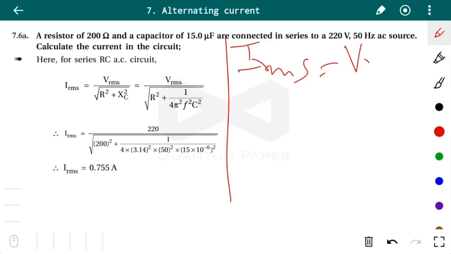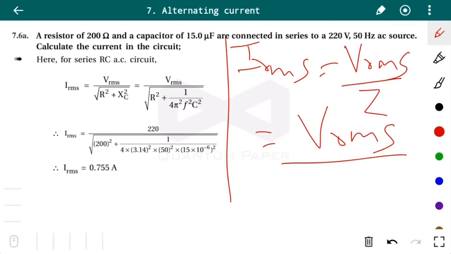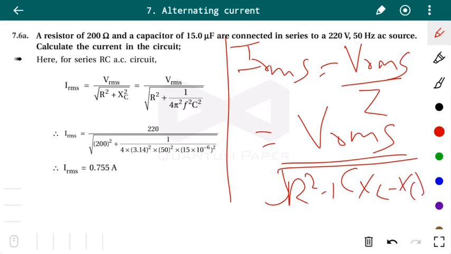IRMS equals VRMS upon Z, because in this circuit we have a resistor as well as a capacitor. So we need to take the impedance, because impedance is resistance plus the reactance. So the formula for Z is under root R square plus XL minus XC whole square.